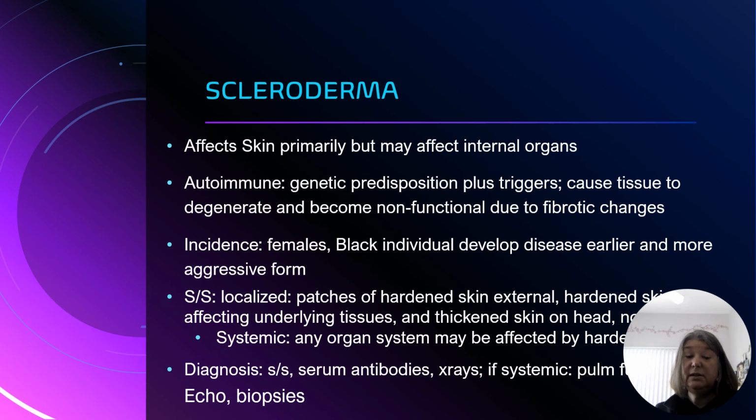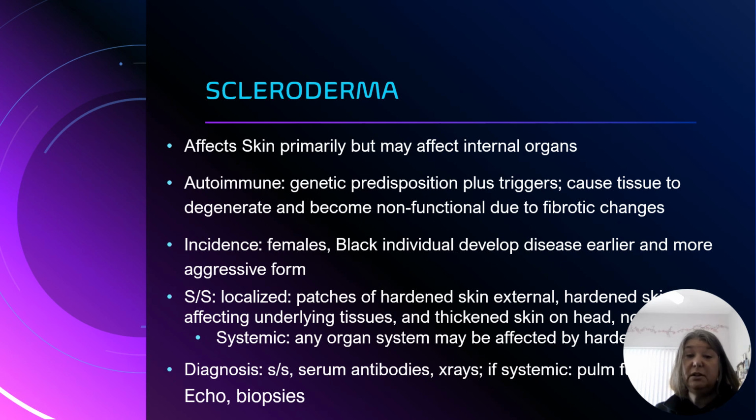Scleroderma is not considered a hereditary disease, but patients who have a first-degree relative with scleroderma are more susceptible to developing the disease than the general population. It has also been suggested that as in other autoimmune connective tissue diseases, environmental exposures such as infectious agents and occupational toxins may play a role in triggering the disease. So again, genetic predisposition and then some sort of trigger.